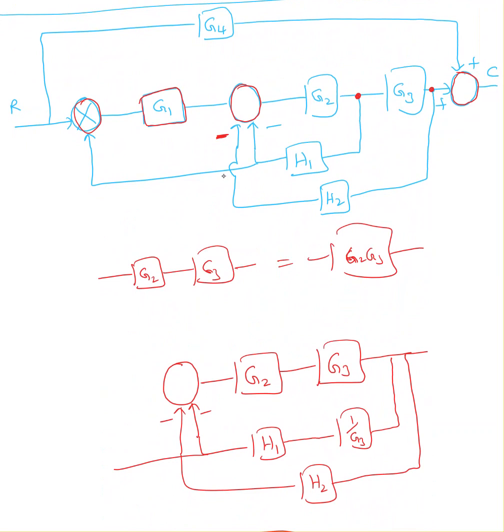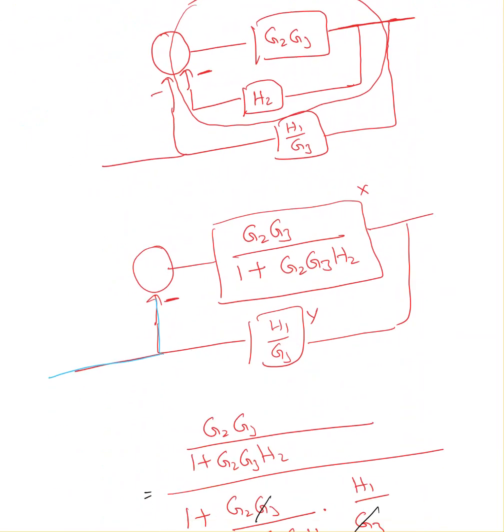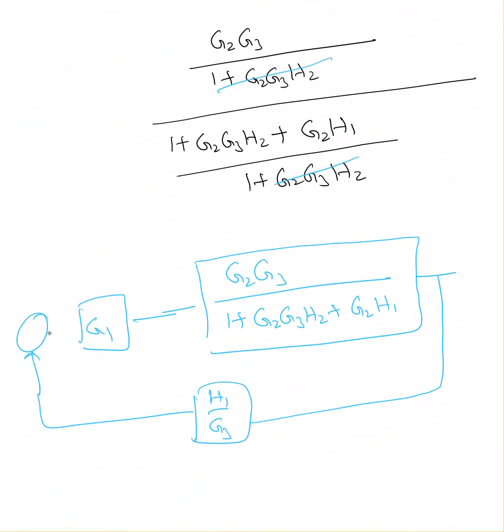So now, as well as that, I have another summing point that is going to be Z4. This is what it is.